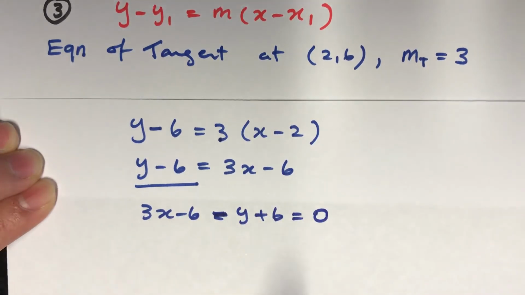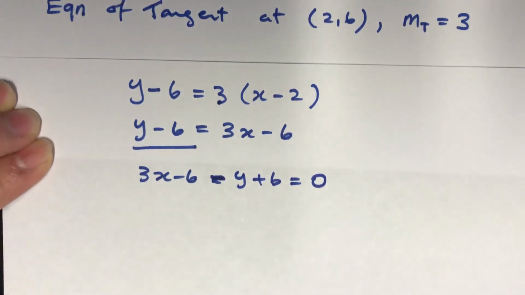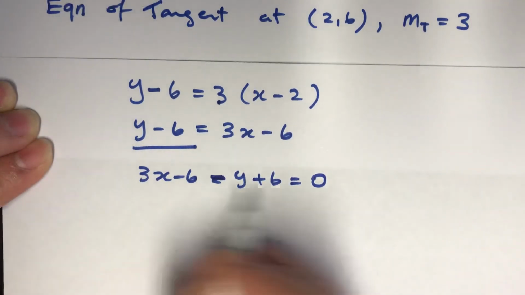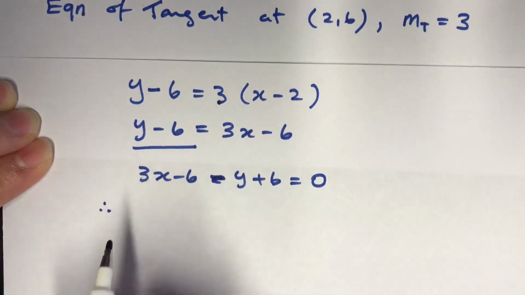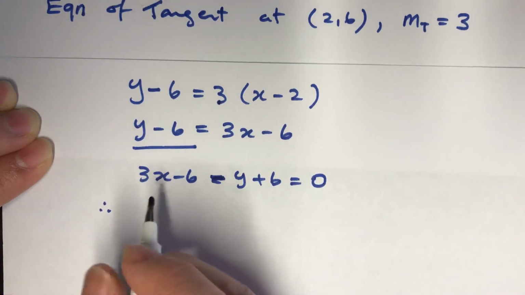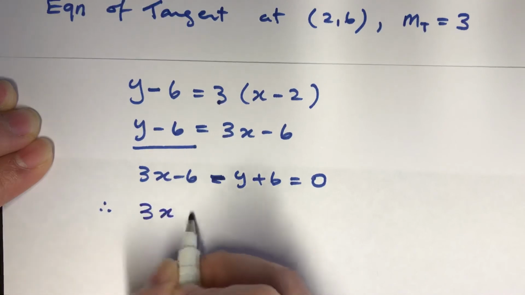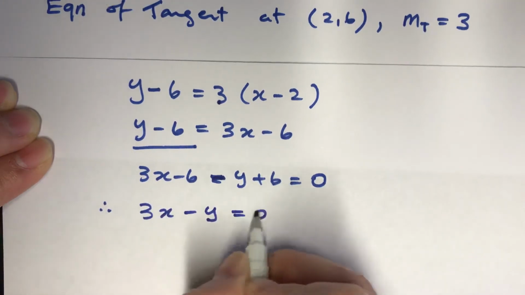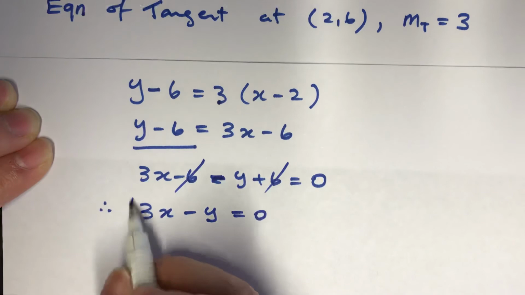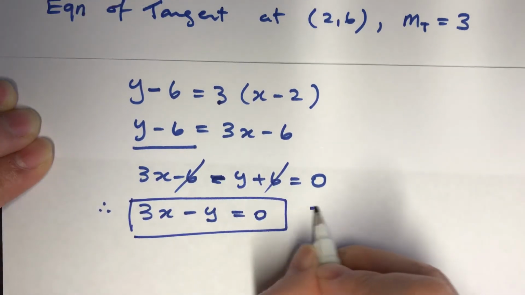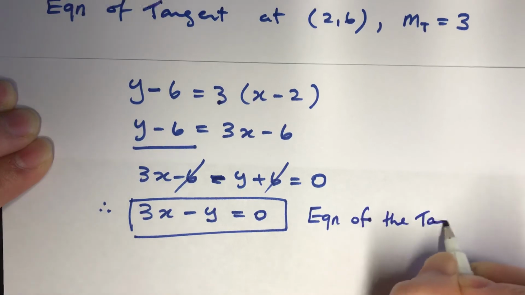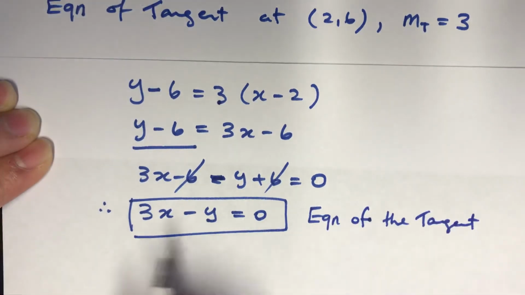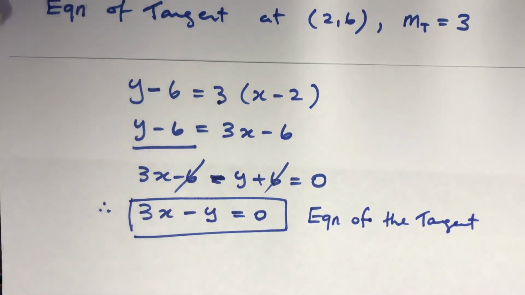I'm going to do general form, so I'm just going to make it equal to 0 here. So the equation of the tangent will be 3x minus y equals 0. So that's my equation of the tangent to the curve y equals 2x squared minus 5x plus 8.